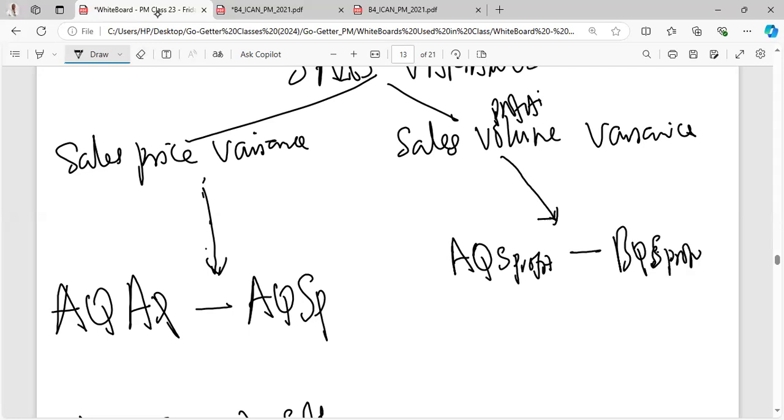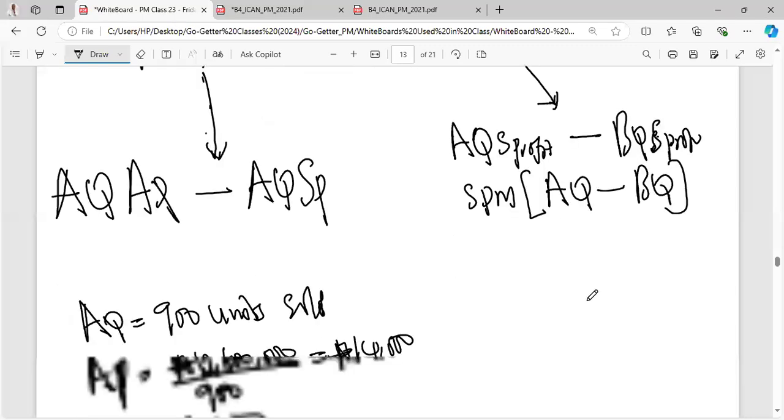So we can just say standard profit margin multiplied by actual quantity minus budgeted quantity. We just need to remember this one: actual quantity minus budgeted quantity multiplied by the standard profit margin. So this one has to do with profit, the effect on profit of the difference in volume.